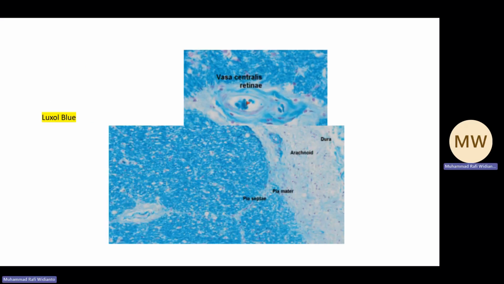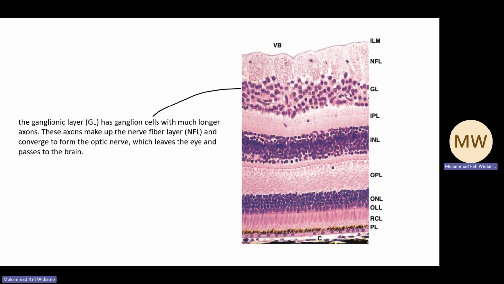Here is just another view of the optic nerve that I took. So you can see the vessels over here, known as the vasa centralis retinae, and you can also see the layers of the meninges, so the dura, the pia, and the arachnoid. And over here, you can see the layers of the retina.